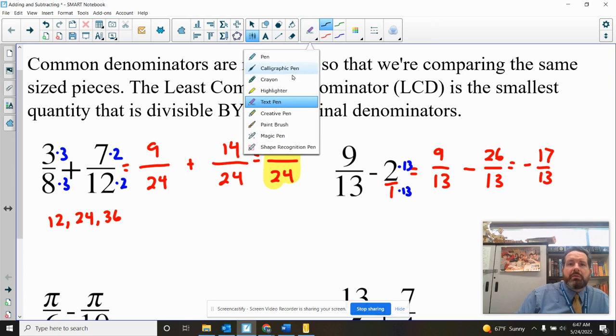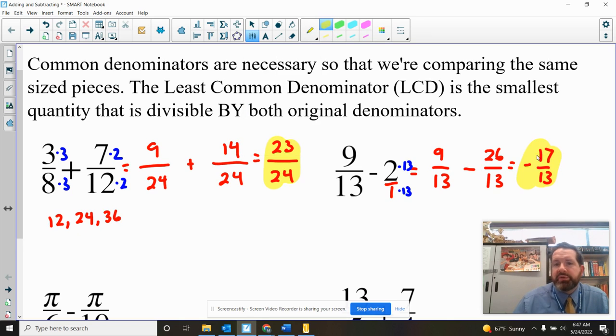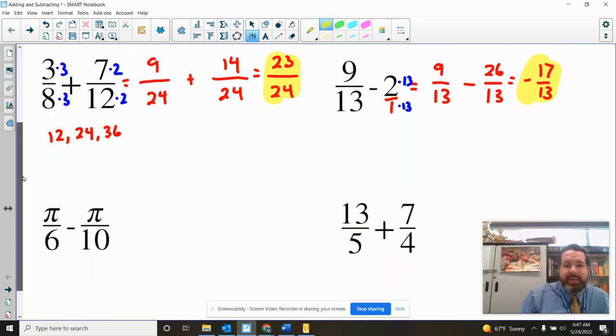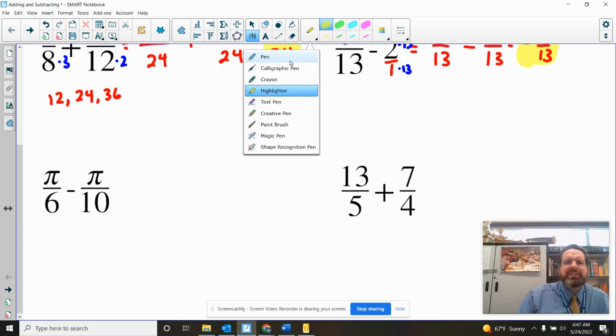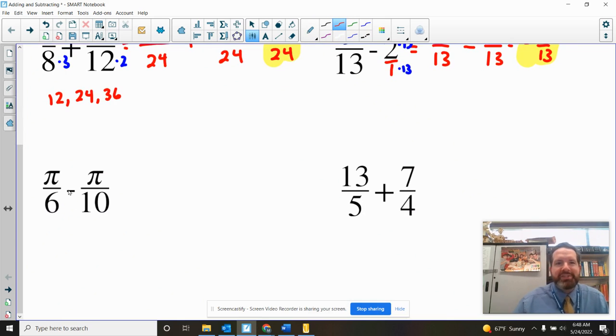And so what we see is that in order to do your additions and subtractions, denominators must match. Let's do one here. I hope this kind of matches up with some of our radian training from the trigonometry units. Looking at 6 and 10, we want to find the smallest number that divides evenly by 6 and 10. So let's just look at multiples of 10. 10 doesn't divide by 6, 20 doesn't divide by 6, 30 does.